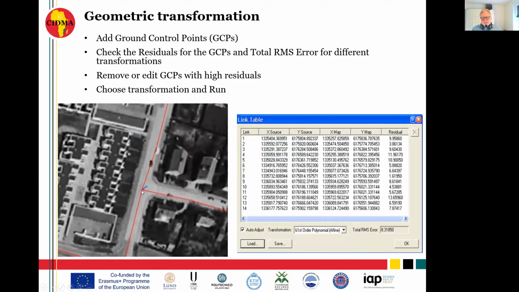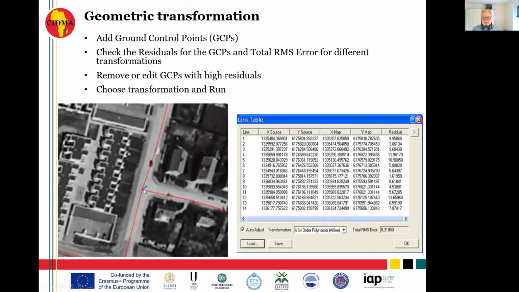This one is not so good because can we really find this point? Here comes the road, and it crosses this one. But where in the raster data is that position actually? It should be over here. Here we have the GCP.